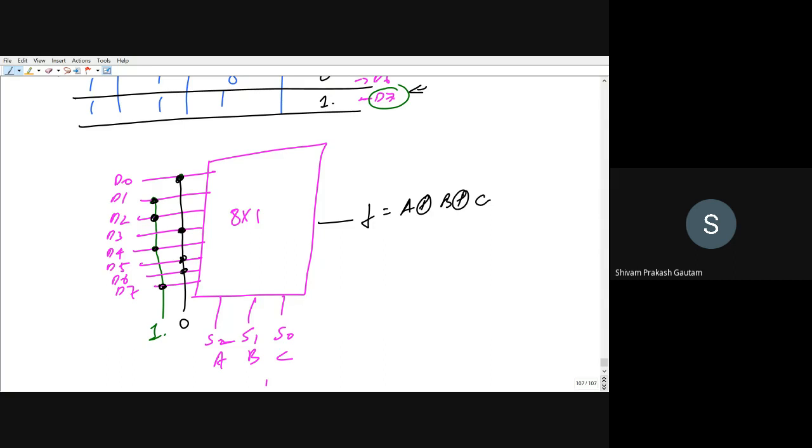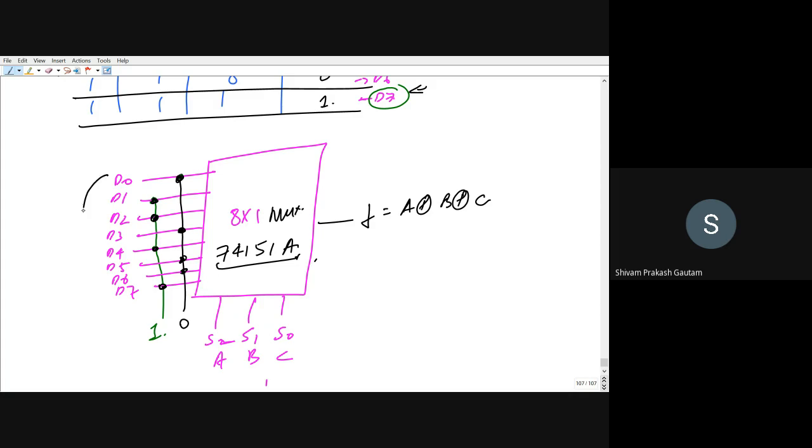Is it okay? So this IC is called 74151A. The name of the IC is 74151A. It is readily available in the market. If you ask for this IC, they will provide you an 8x1 multiplexer, which is having these inputs.